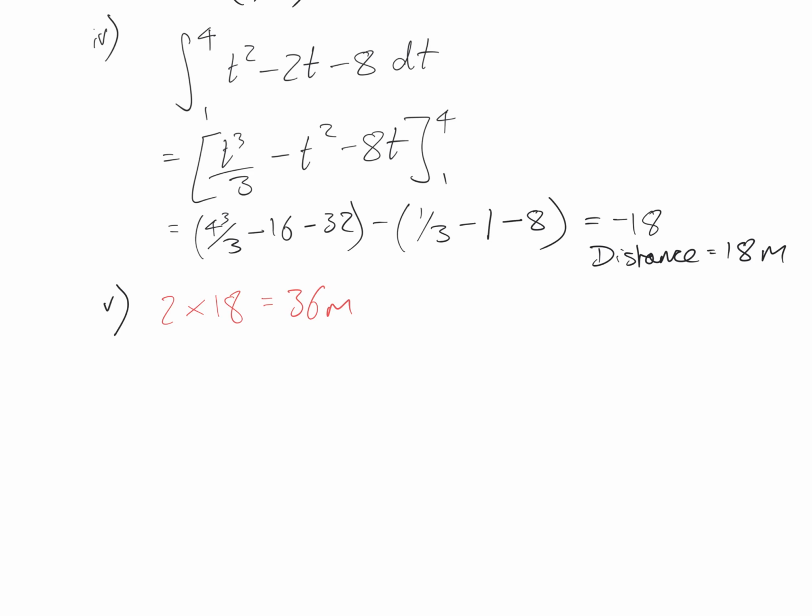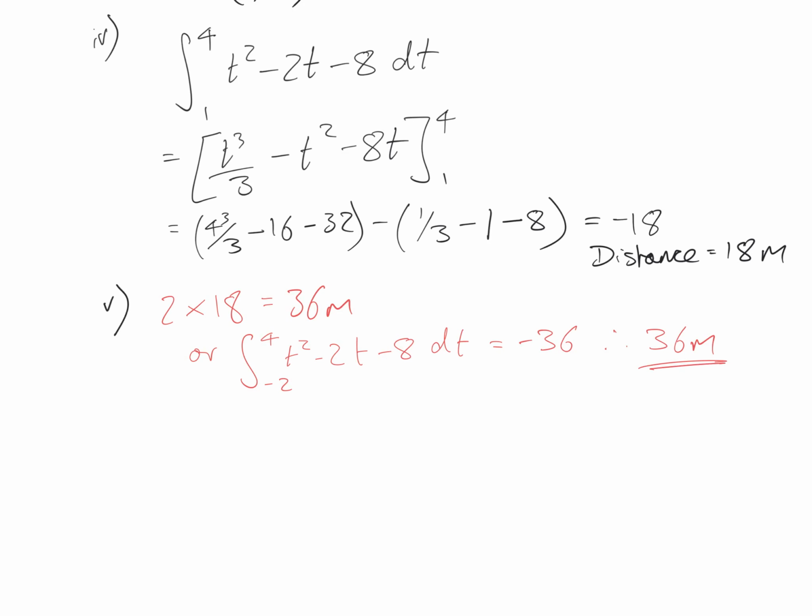But we could do the integration from minus 2 up to 4 of t squared minus 2t minus 8 dt, and we'd get the same thing. We'd get minus 36, therefore 36 metres.